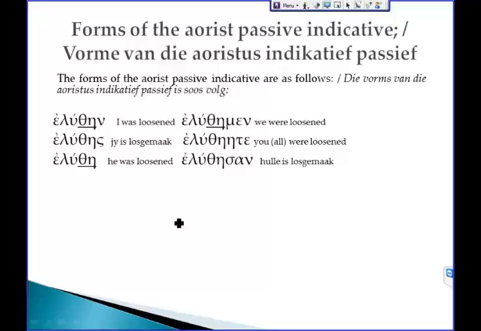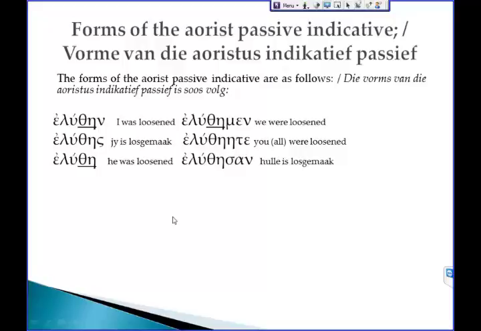But here you start with the n in the first person singular, not third person. And then the s is always there. And then the eluthe, which is a bit of change when it comes to the aorist indicative active. And then eluthemen in the first person plural, and then eluthete, and then eluthesan.